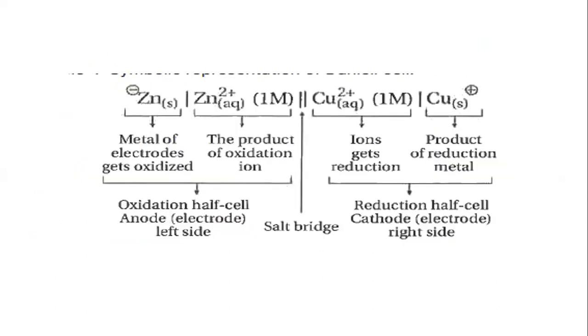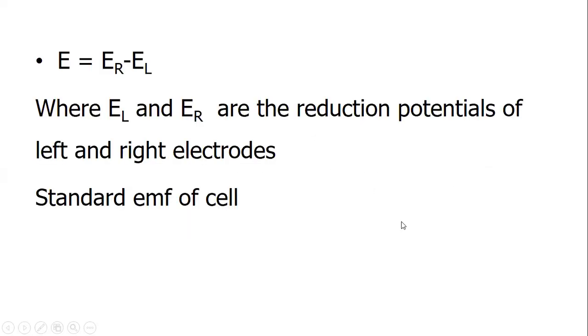E cell equals E_R minus E_L, where E_L and E_R are the reduction potentials of the left and right electrodes.